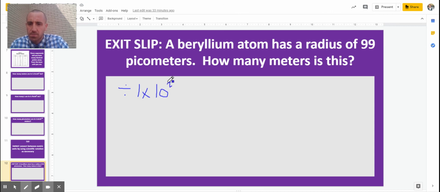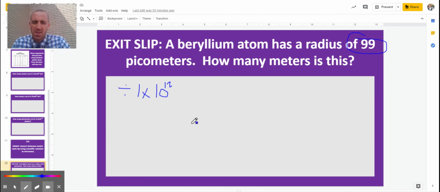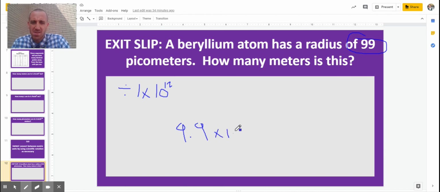So we have to take this number, 99 picometers, and divide it by 1 times 10 to the 12th. So your final answer is going to be 9.9 times 10 to the negative 11th meters. And that's your final answer.